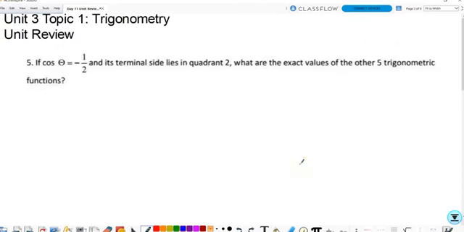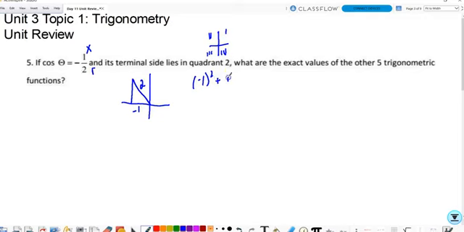All right, if cosine, which is x over r, has a terminal side in quadrant 2, what are the exact values of everything else? All right, so let's draw that. Cosine in quadrant 2 is x over r. X squared plus y squared equals r squared. So this leg is square root of 3.